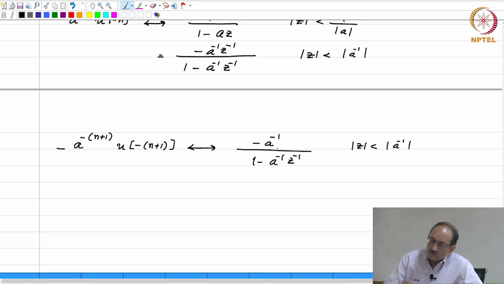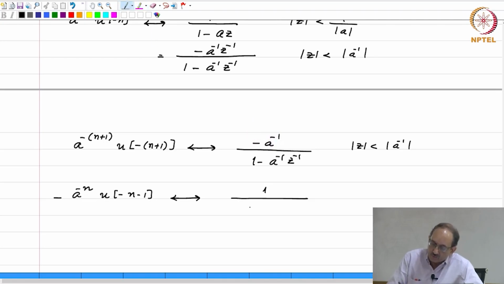Now, I can cancel one a inverse factor and take this minus sign to the other side. Therefore, this becomes minus a to the minus n u of minus n minus 1. I have taken this minus sign to the other side and cancelled one a inverse.